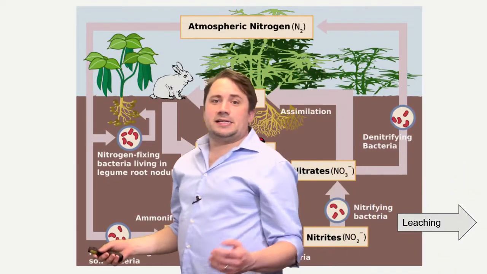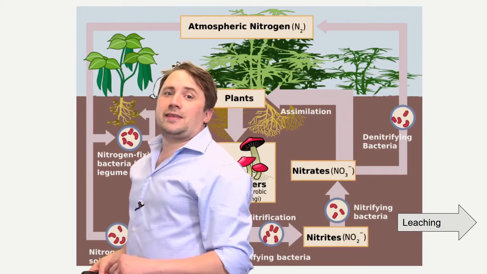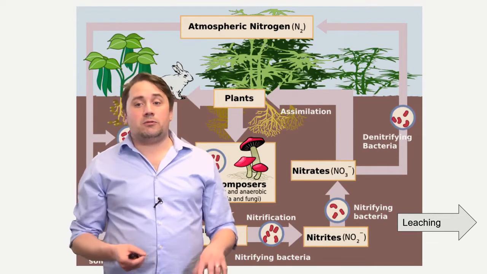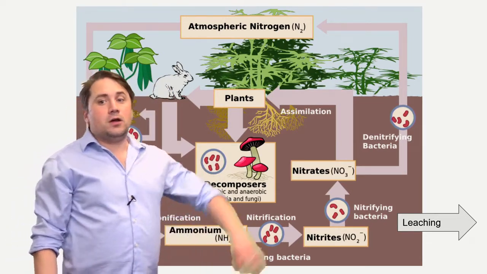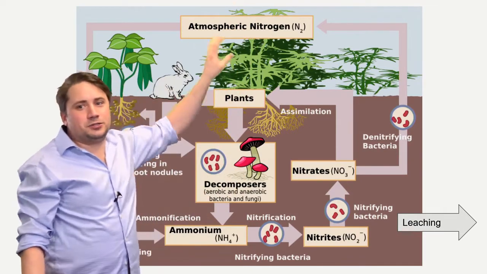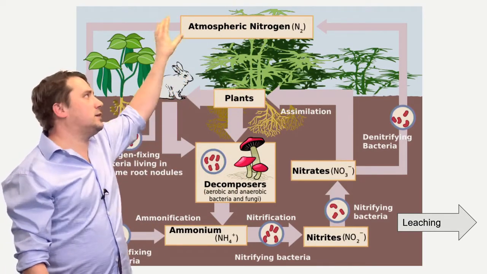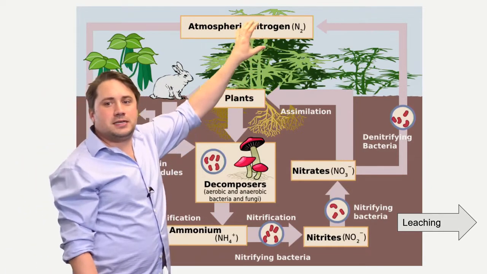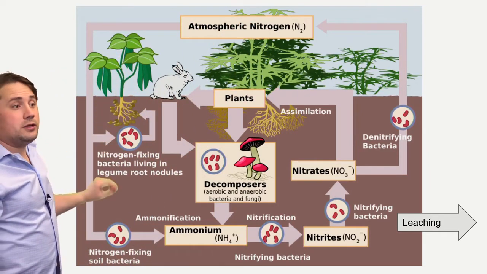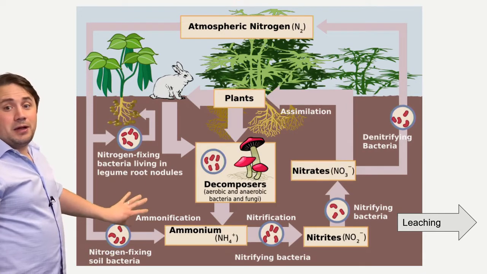So let's step back and take a broad view again at the entirety of the nitrogen cycle and just assimilate what we've learned in this lesson today. All nitrogen starts off in the atmosphere as N2 gas. And this nitrogen is unavailable to biota. It's basically inert. And it's only through the process of nitrogen fixation that nitrogen becomes biologically available. Nitrogen fixation is done by microbes.